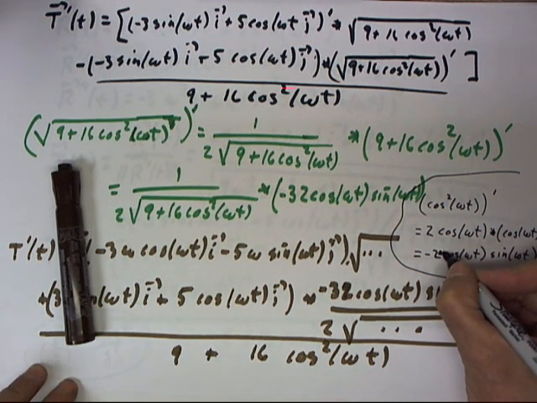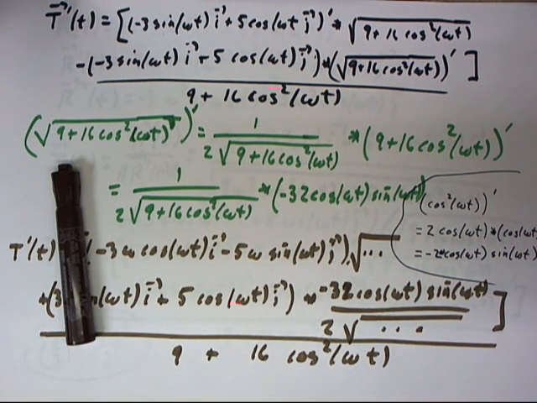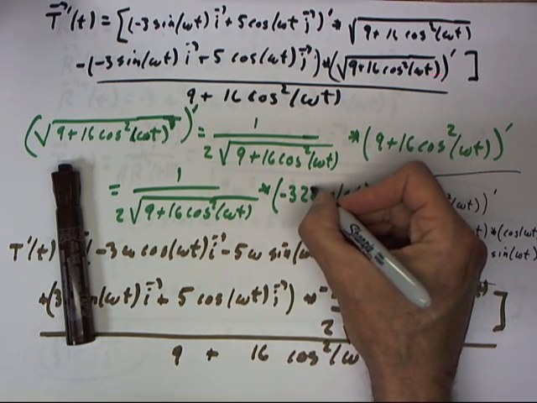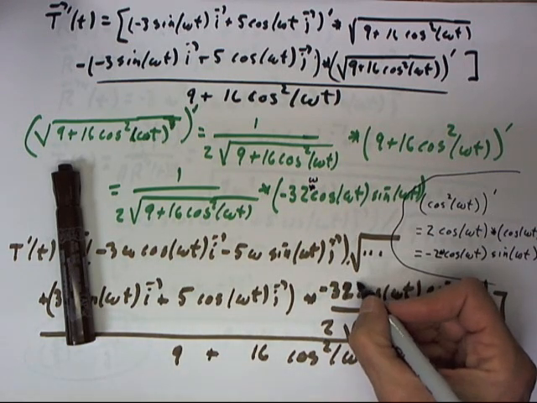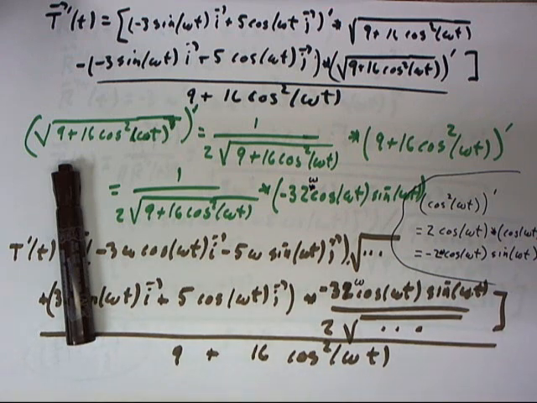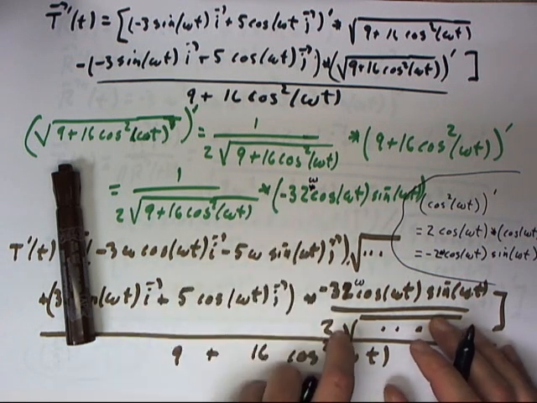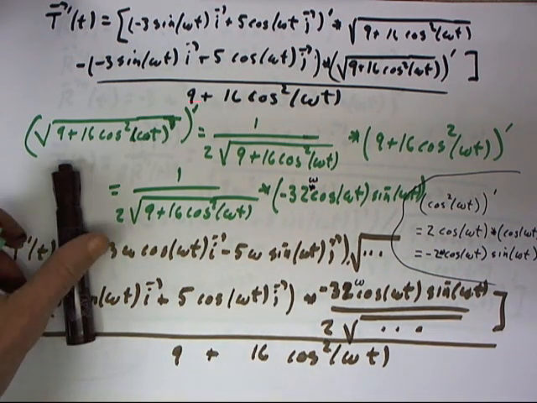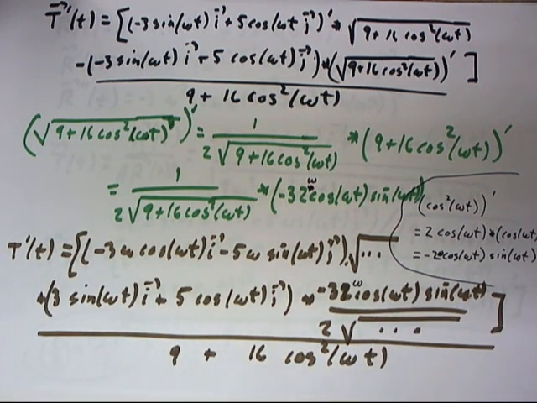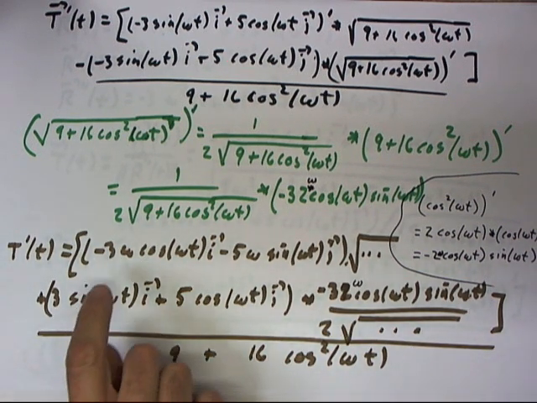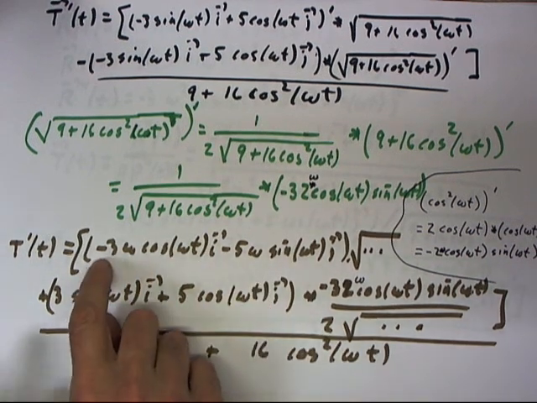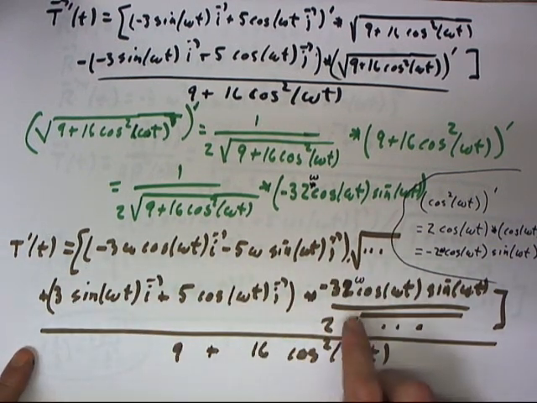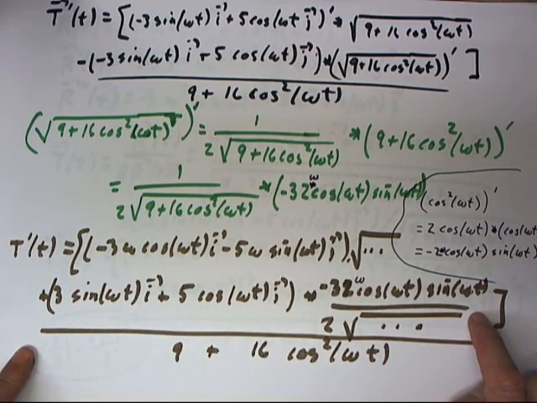This is negative 2 omega cosine of omega t, and there's no good way to work that in except to say negative 32 times omega, negative 32 omega here, and we'll correct that when we write the entire expression out and make sure the units of the expression work. We'll note that we have a factor omega here in this part of the numerator, and now we have a factor omega in this part of the denominator.